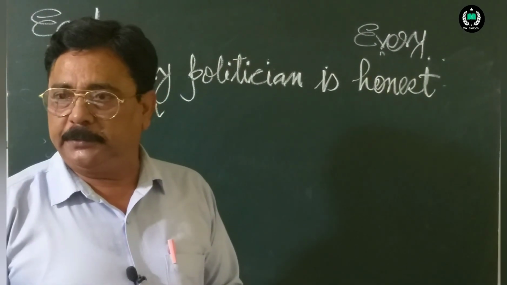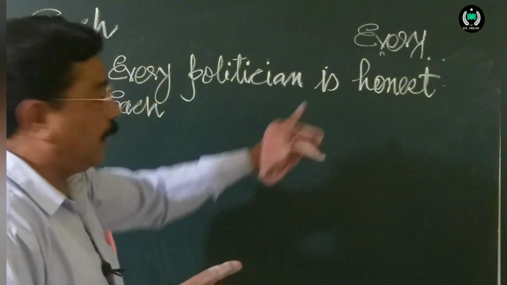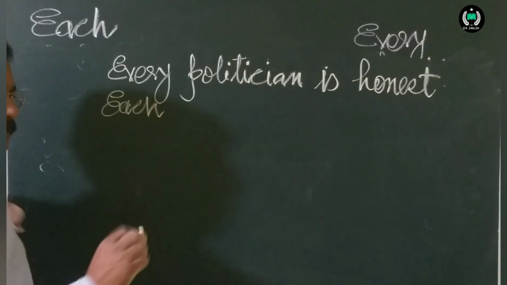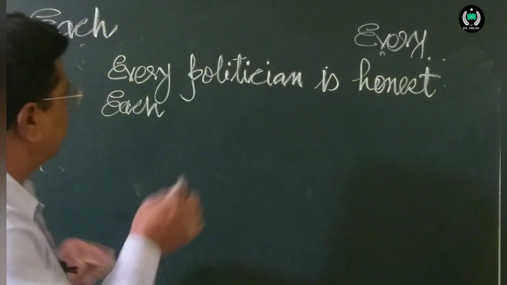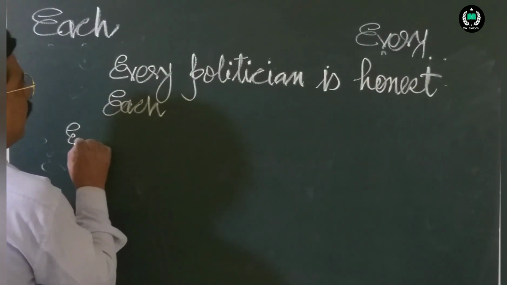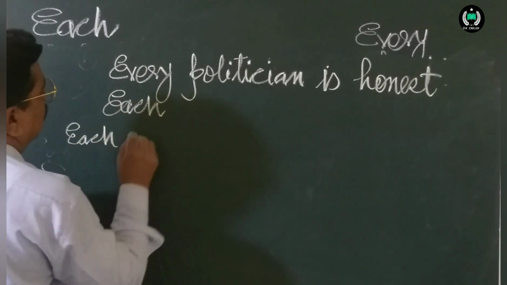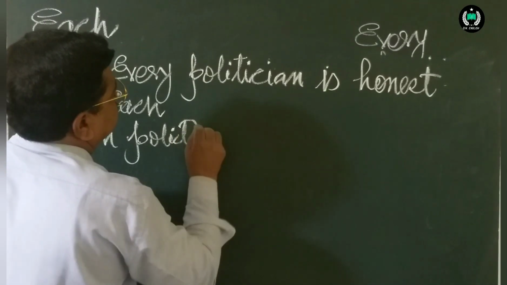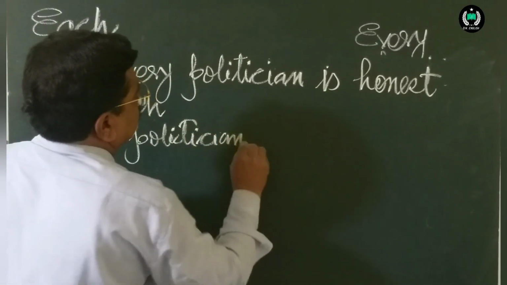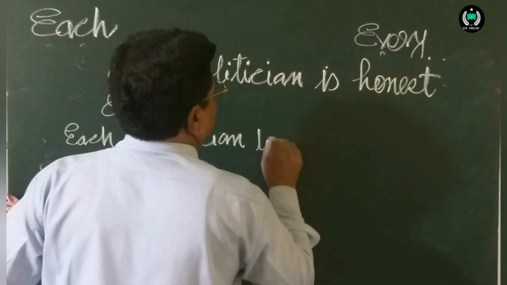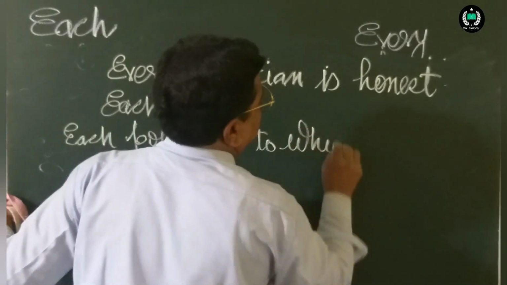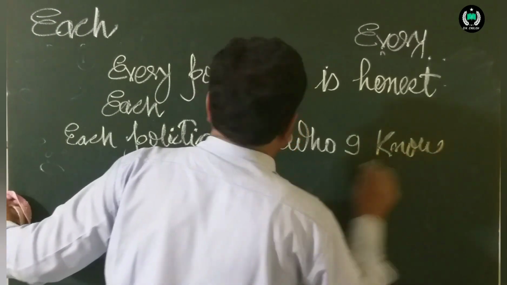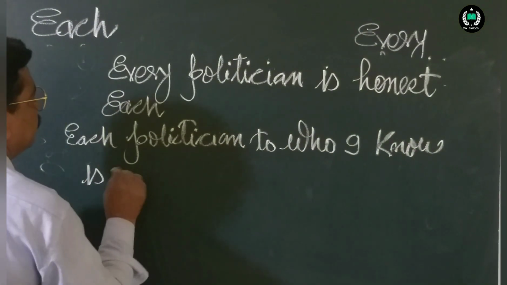All the politicians, in generalization. अब now here I am writing, देखिए कैसे ये सिचुएशन पे डिपेंड करता है. Here I am writing: each politician to whom I know is honest.